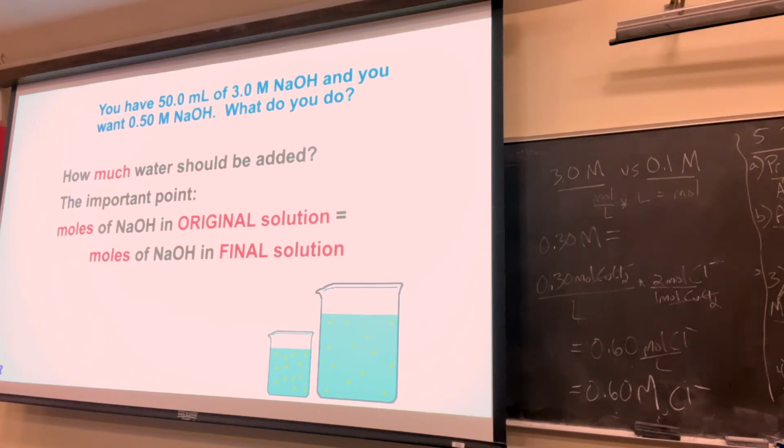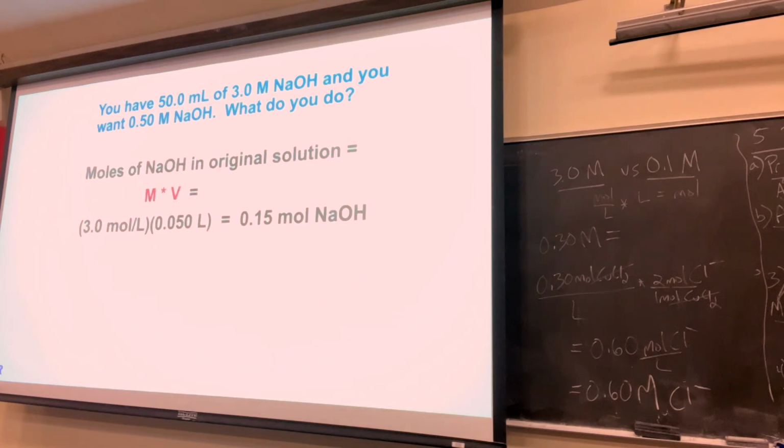So the moles in the original solution equal the moles in the final, dilute solution. And as we saw on the earlier slide, moles equals molarity times volume. So a real handy way to do this is just to remember that molarity times volume equals moles.